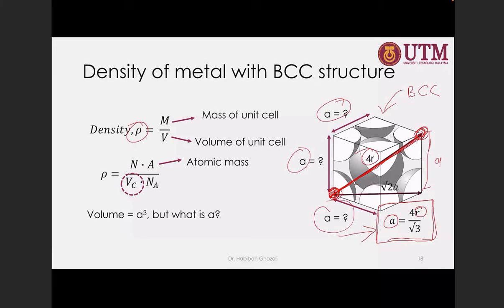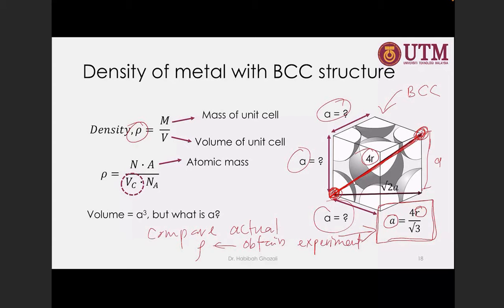Sometimes you need to determine the density and try to compare with the actual density. What is actual density? The one that we obtained from the experiment. This one is the actual because we consider all the environmental aspects and many other things.